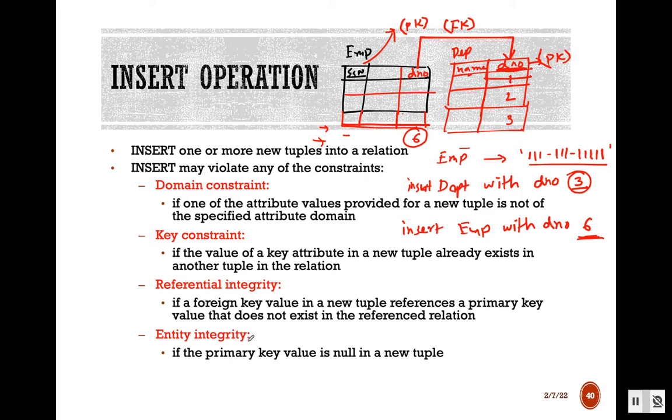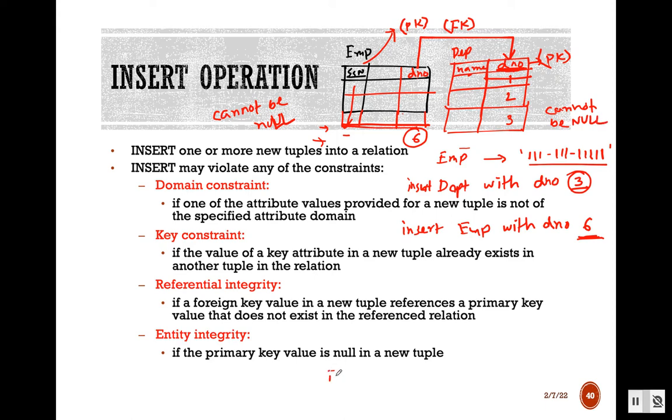Entity integrity constraint, that one is an easy one. The entity integrity constraint says that the value of a primary key cannot be null. For example, here none of the SSN values can be null. And the DNO value cannot be null.